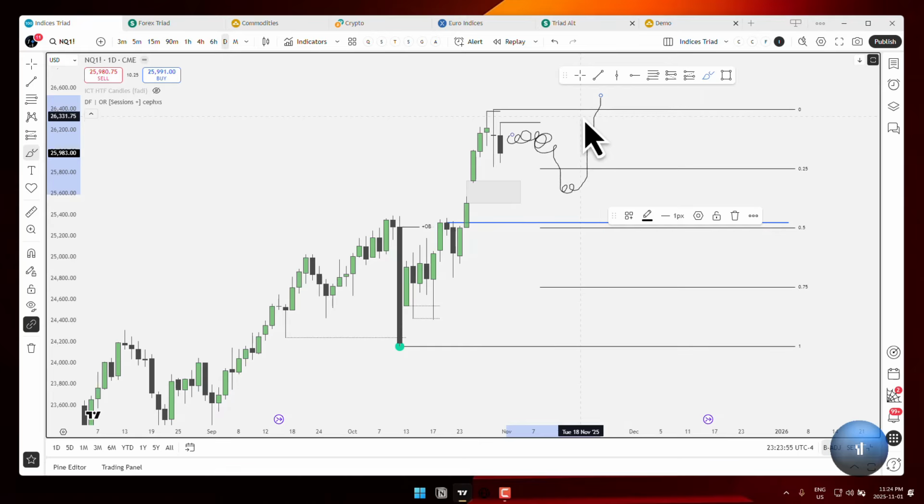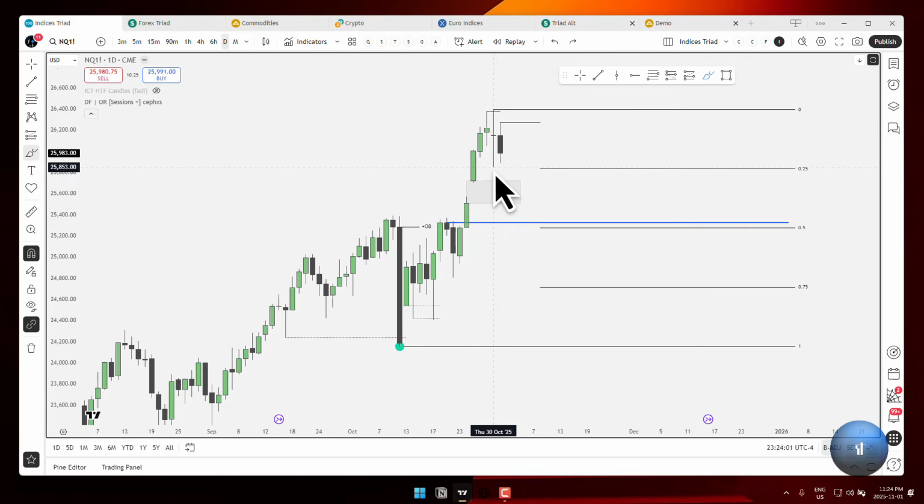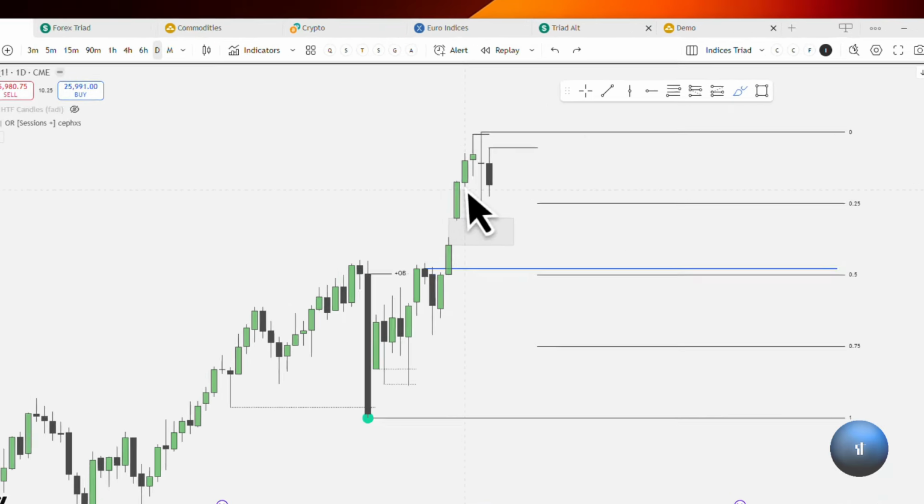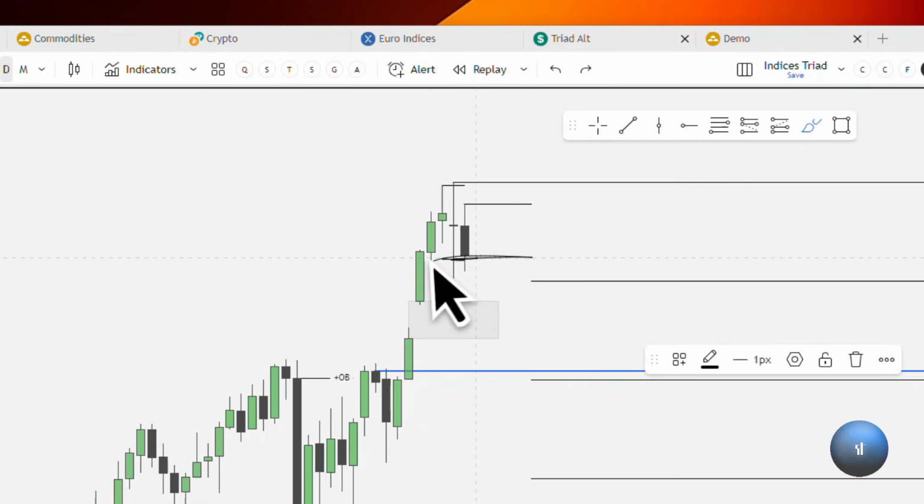It's possible we could get it, right? But it's likely that we will stall because we had this large candle and a large reaction from this gap right here, and we were reacting from it, traded above, and now we have an inside bar.